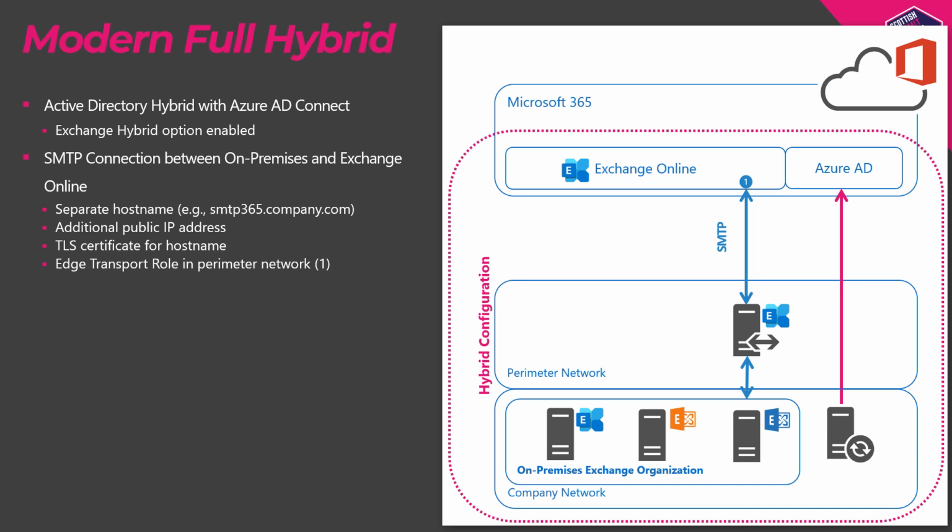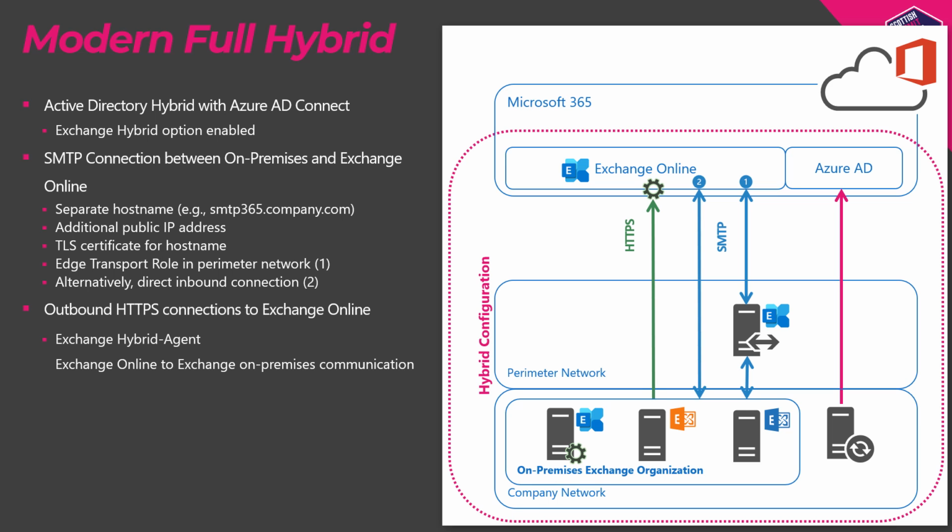So the information that you synchronize from your on-premises Active Directory to Azure Active Directory. And for mail flow, you do have the same two options: using an Edge Transport server for mail flow or use direct connections between your on-premises Exchange servers and Exchange Online. Now, the main difference is that you do not require an inbound HTTPS connection for your Exchange servers.